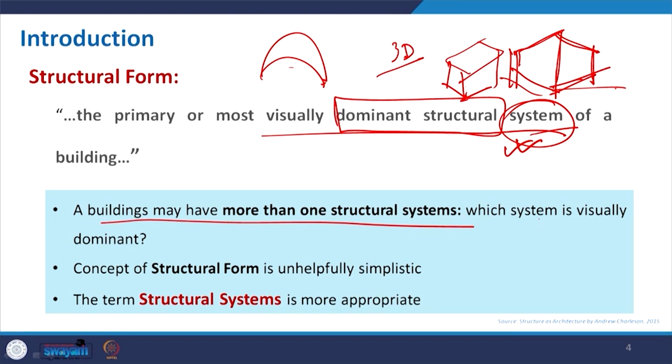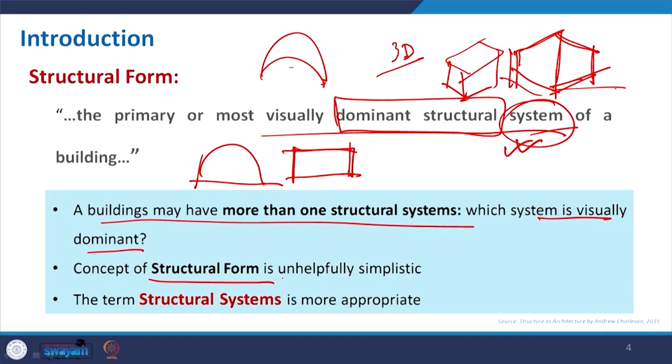So which system is visually dominant, that is the question. Which form will we take? A building may have an arch form in some part, and somewhere it is just beam column structure. So there, which form should we take? So the concept of structural form is unhelpfully simplistic.